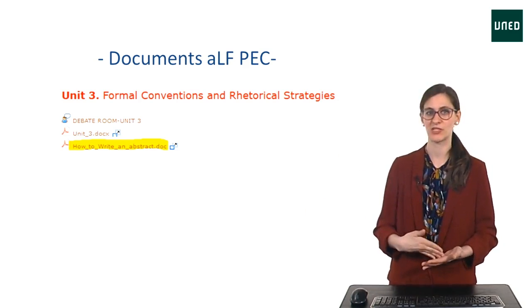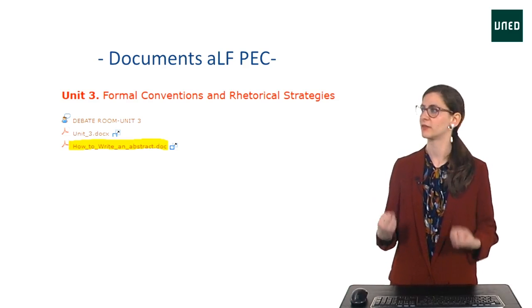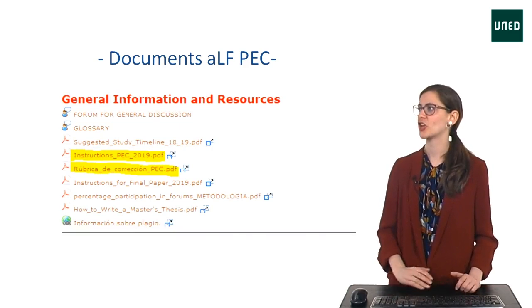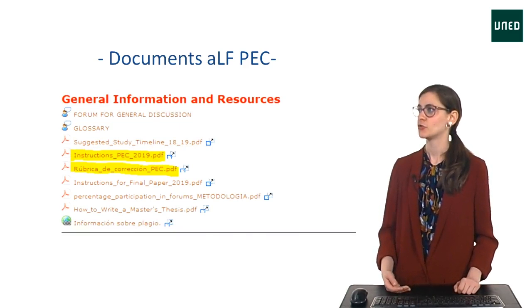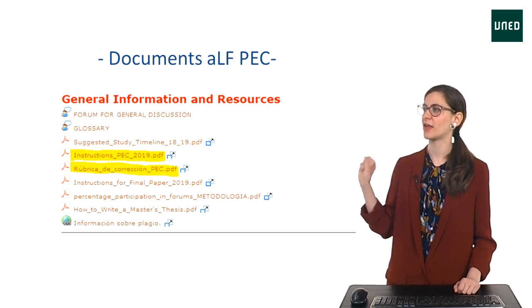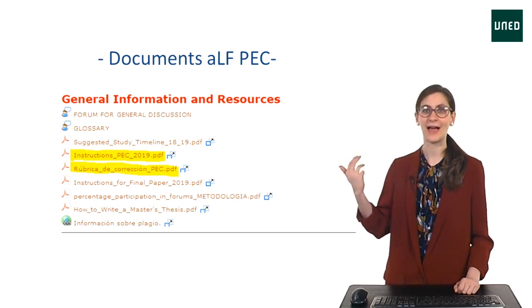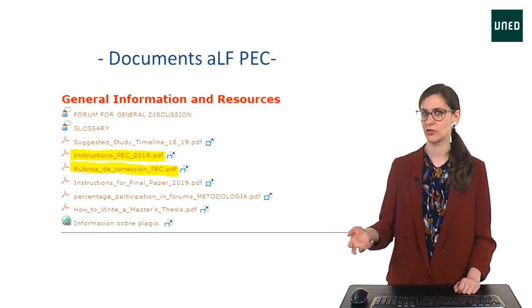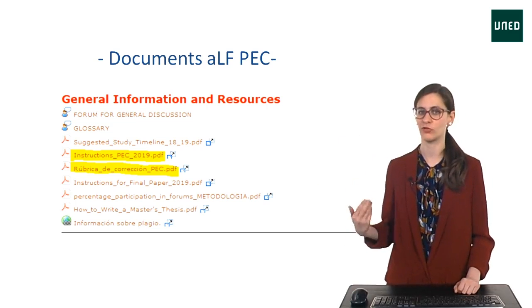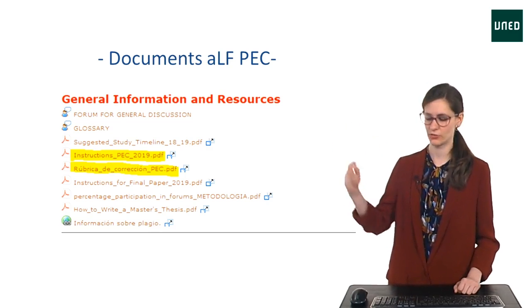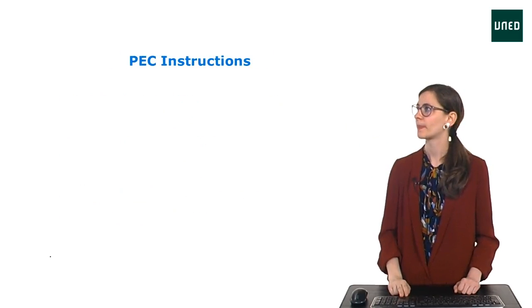Okay, actually some of the information of this video is taken from that document. Then in the section General Information and Resources, you have the specific instructions for the PEC and also the Rúbrica de Corrección, that are some guidelines of the correction that the teaching team are going to use in order to evaluate and give you feedback on your PEC. And we are going to have a brief look at these 2 documents before we finish.